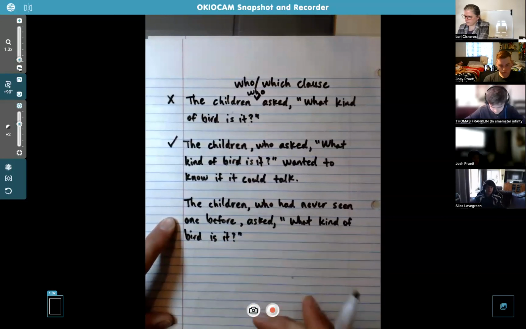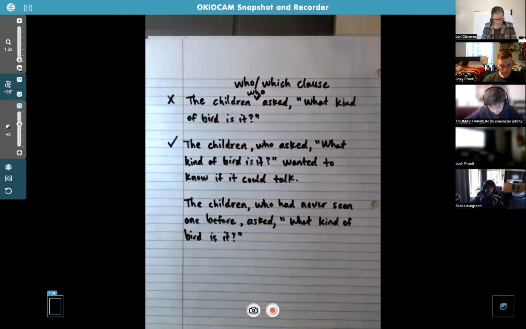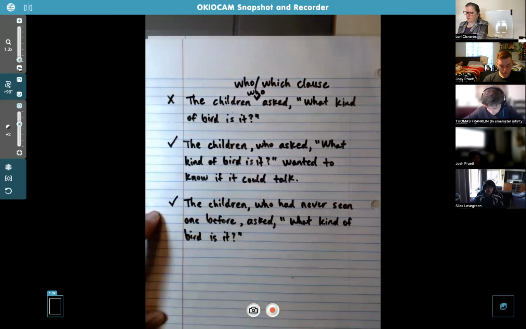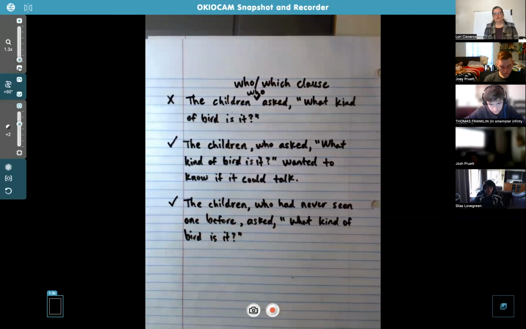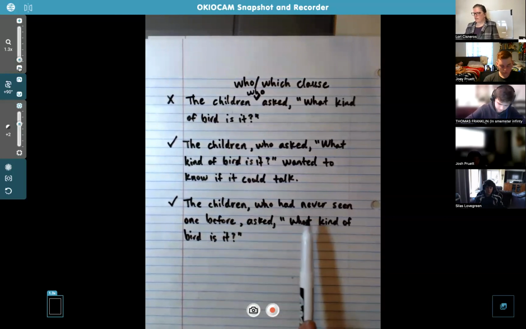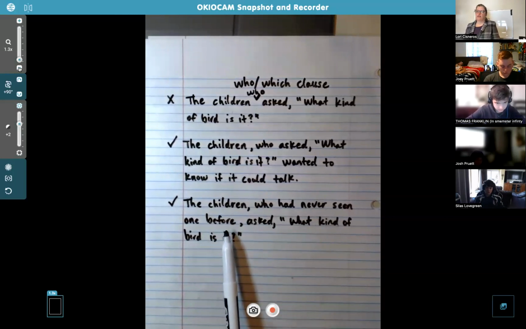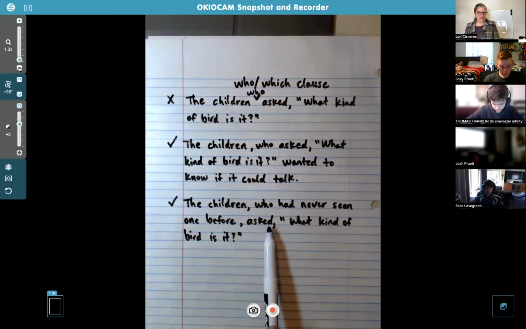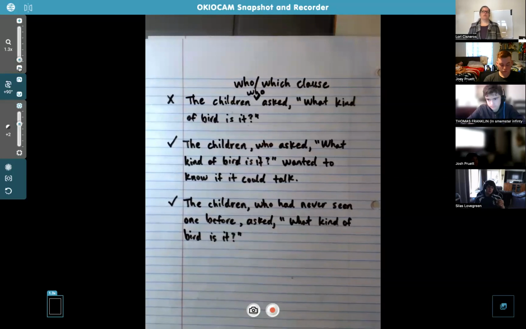Question mark. That's another good example. So we'll put a check mark on that. The children who had never seen one before asked. So this clause has who had never seen one before. The next verb after that is asked. So that makes it complete. So that's the thing you need to remember as you're coming up with ways to use who or which clauses in your writing. Make sure after it is another verb.